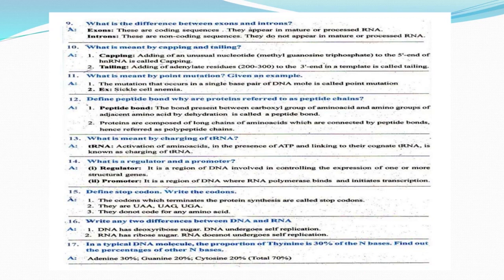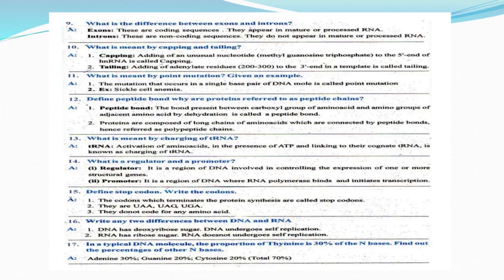And when it comes to tailing, it is adding of adenylate residues, 200 to 300, to the 3' end of the template. This is called tailing. This 5' and 3' comes under the topic of transcription.